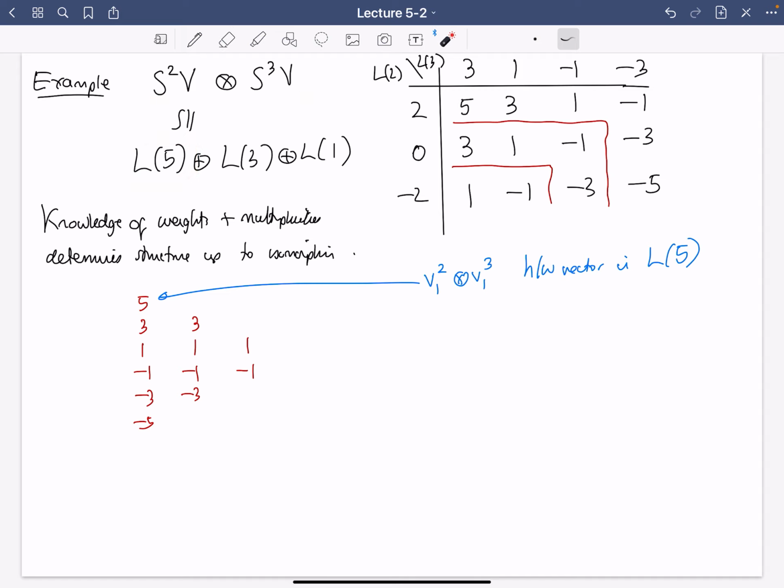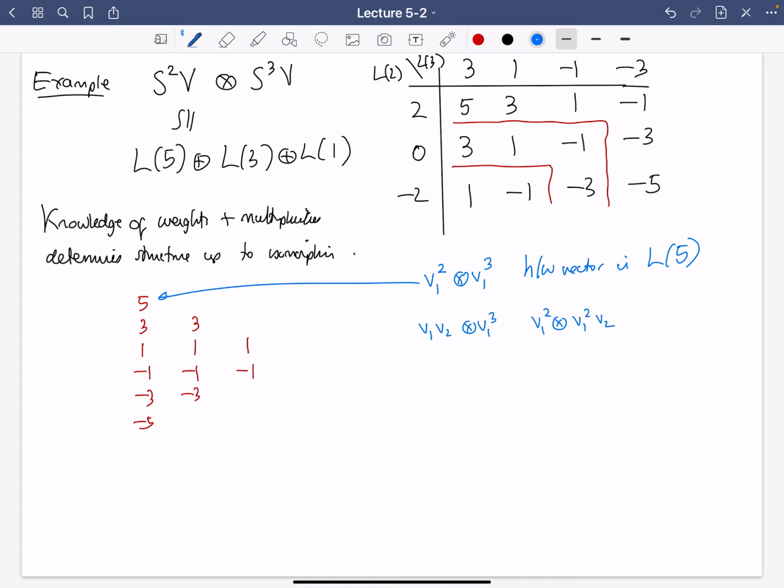And then we can move down, we can look at the 3 weight space. So part of that 3 weight space is going to come from that L of 5, but this tells us there's going to be another non-zero vector in here, which will be a highest weight vector in that L of 3. So what is the 3 weight space overall? It's 2-dimensional. I'm going to have v1 v2 tensor v1 cubed, or v1 squared tensor v1 squared v2.